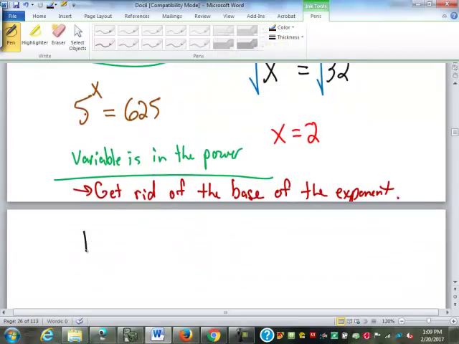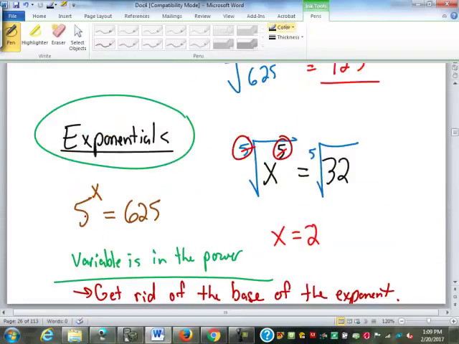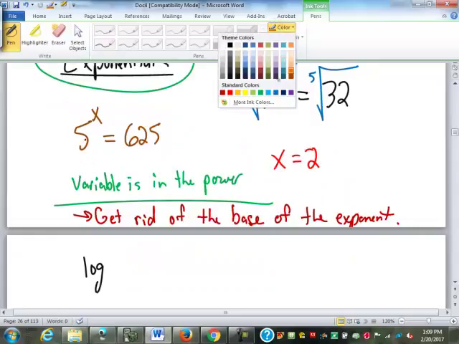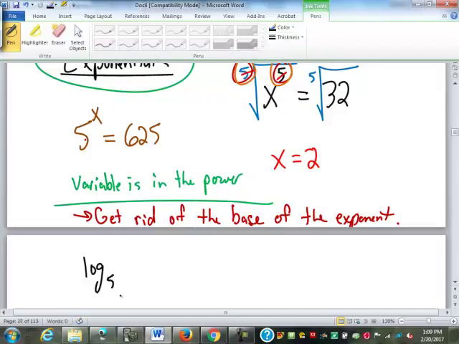To get rid of the base of the exponent, we're going to use something called a log. Now up here, this was a power of 5, so we had to have a root, a fifth root. Here, the base of our power, or our exponent, is a 5. We've got to have a log base 5.